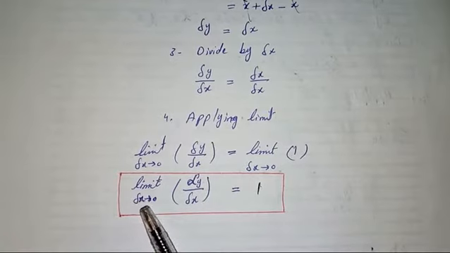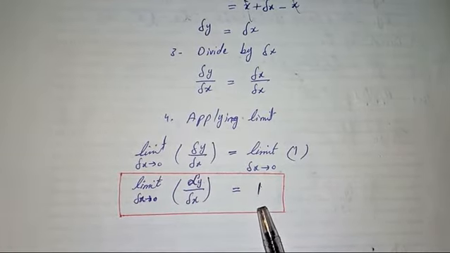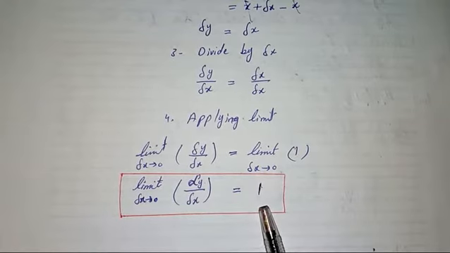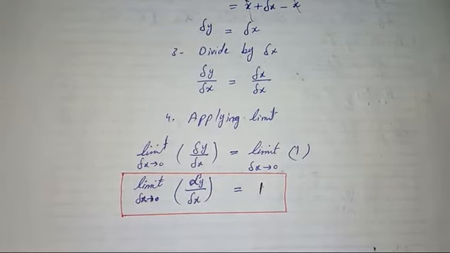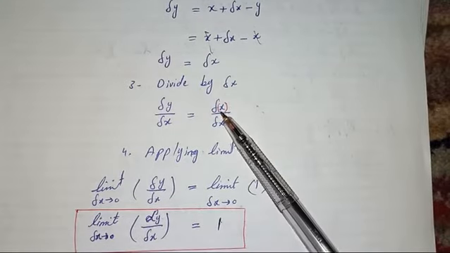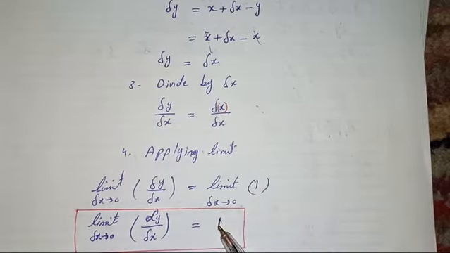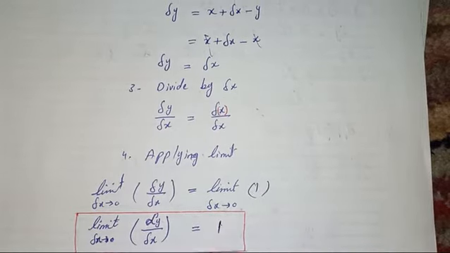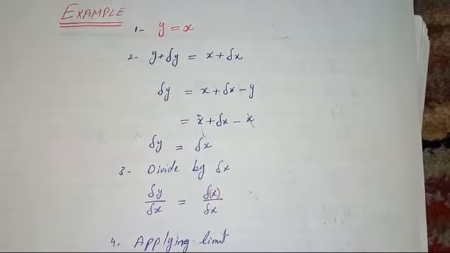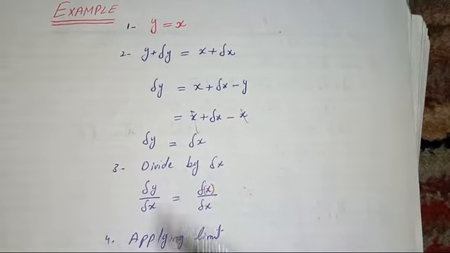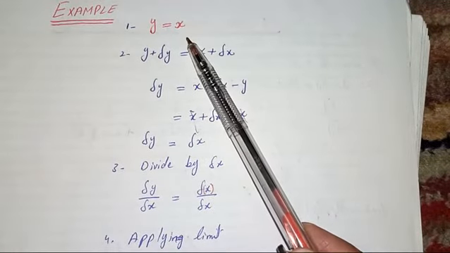So limit delta x tends to 0, delta y over delta x is equal to 1. So the derivative of any variable with respect to itself is equal to 1. As we are taking derivative of x with respect to itself, x, that's why its final derivative is equal to 1. So this is the simple and short proof.